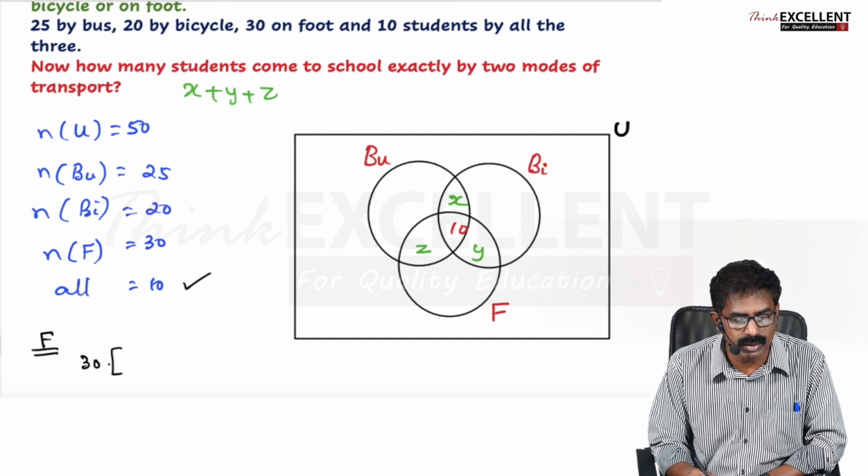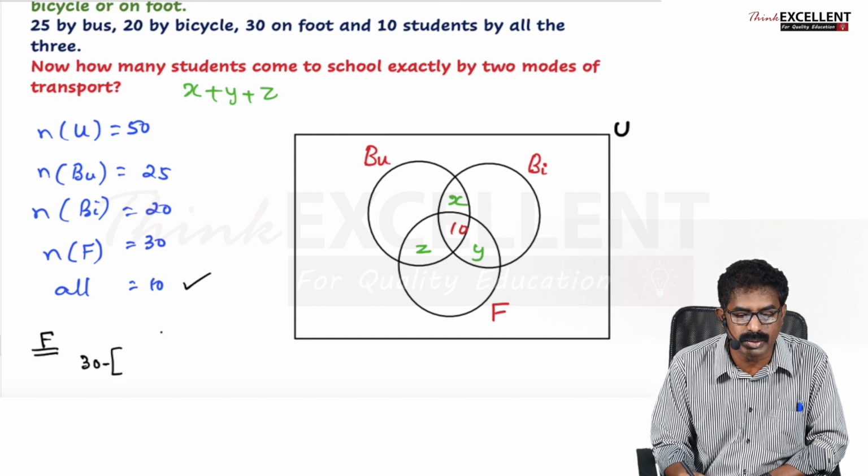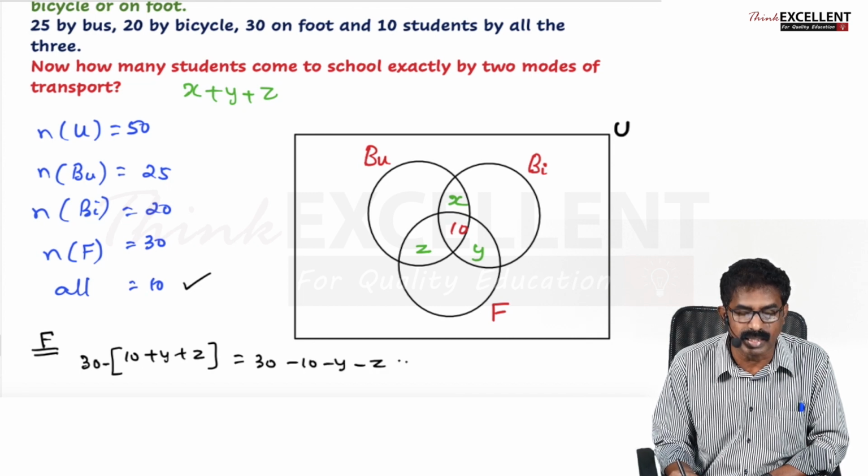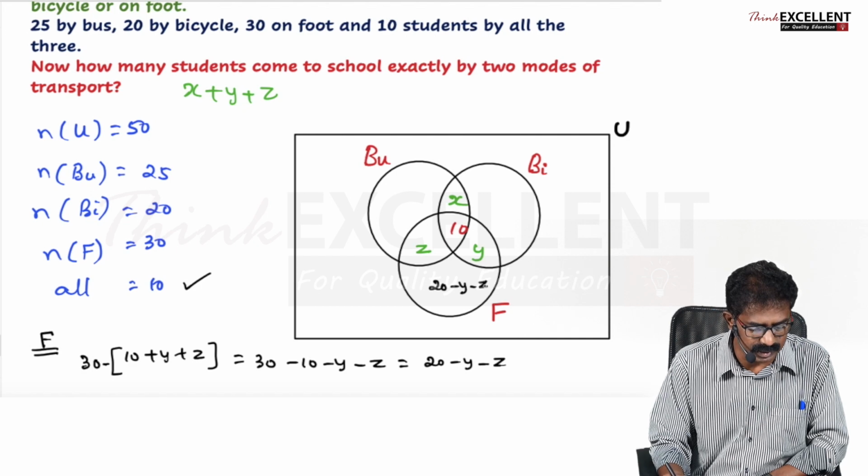What you have written? So 30 minus, which one is to be subtracted? That 10 plus y plus z. All the 3 you have to subtract, right? So what you get actually? 30 minus 10 minus y minus z. Like terms you simplify, 30 minus 10 is 20 minus y minus z. So here you write 20 minus y minus z.